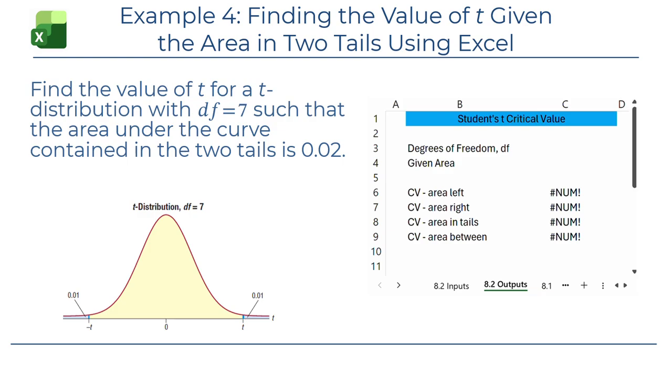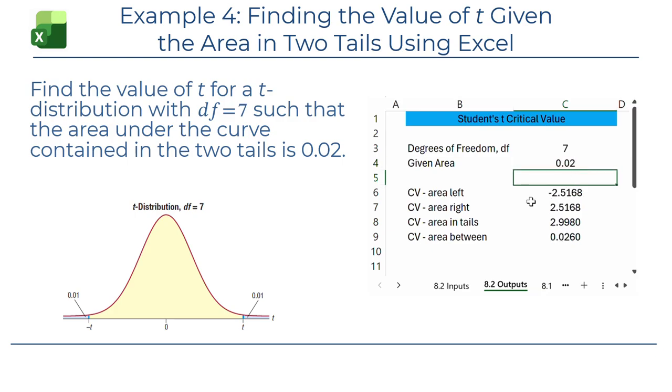In this case, we're to find the value of t for a t-distribution with 7 degrees of freedom such that the area under the curve contained in the two tails is 0.02. Again, this might be difficult if we didn't already set up our spreadsheet, but here our degrees of freedom is 7 and 0.02 is the area in the tails.